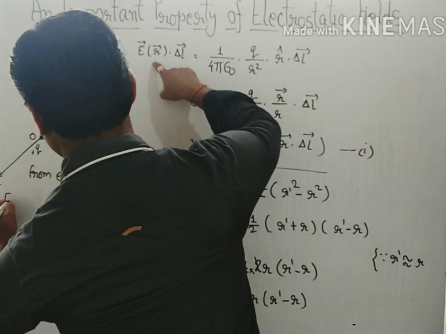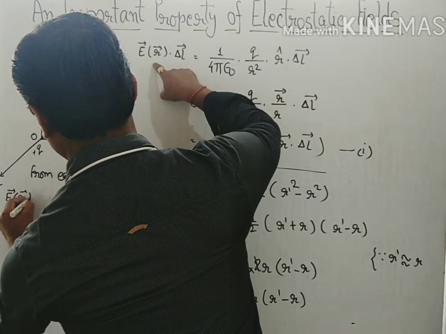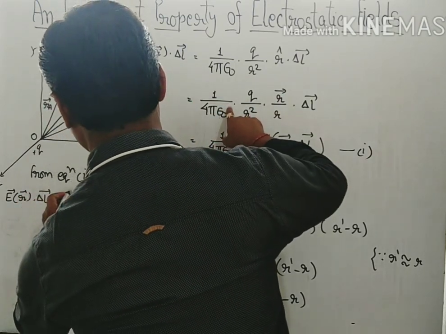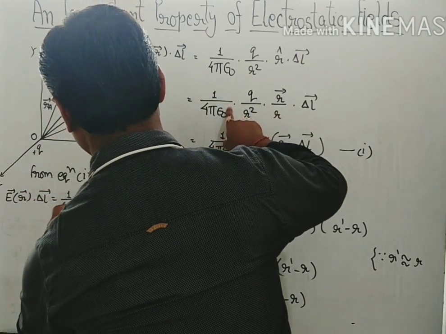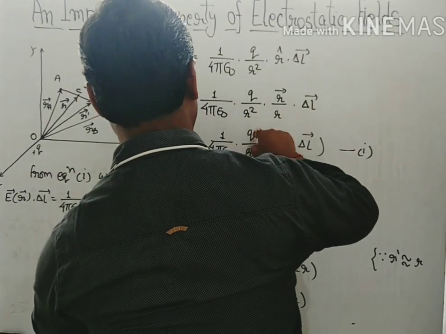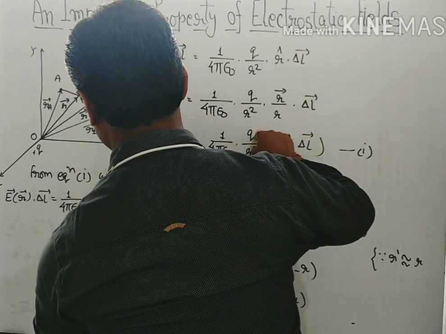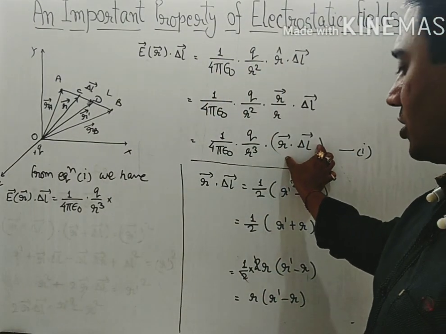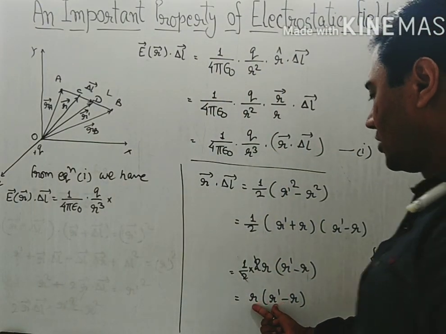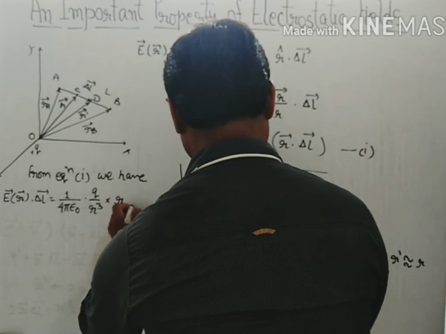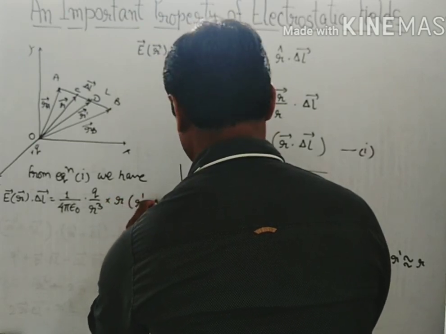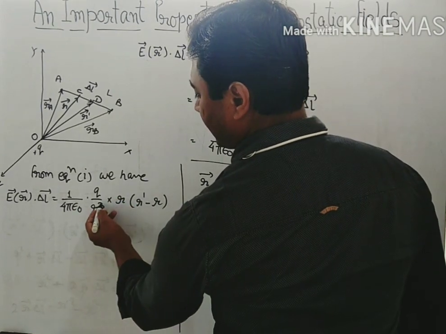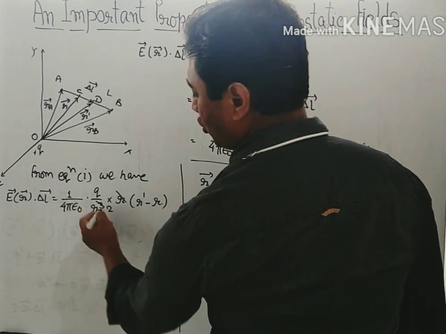This vector E function of vector r dot vector dl is equal to 1 upon 4 pi epsilon naught q upon r cube into, now see, this value of this product, as we have calculated. So just place this value r into r prime minus r. Now this r will be cancelled with this cube, leaving square here.